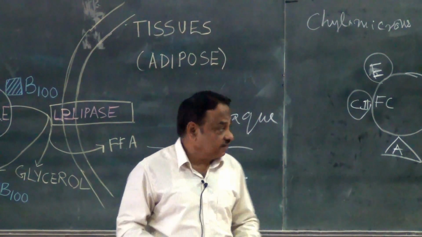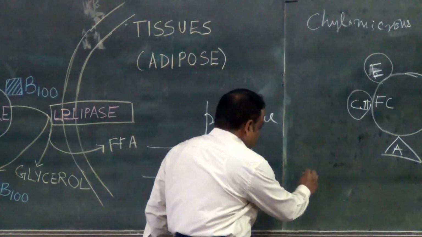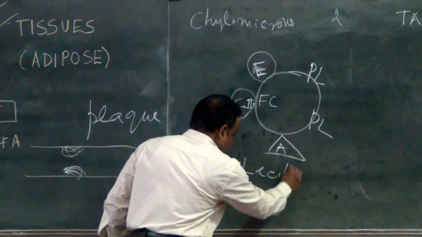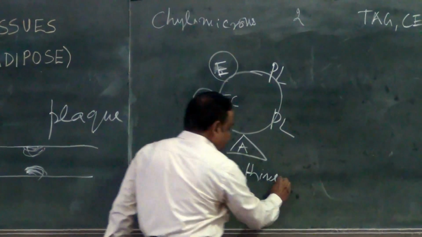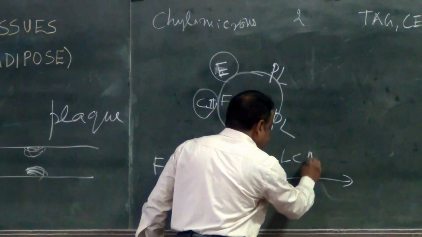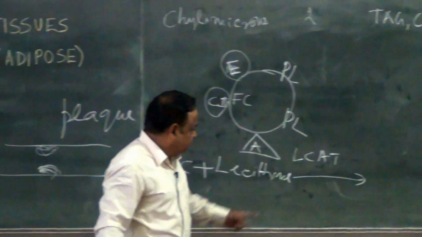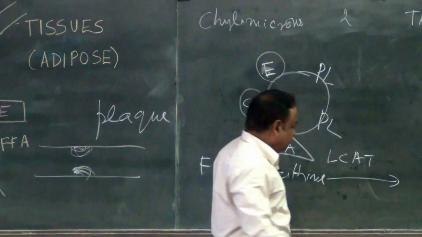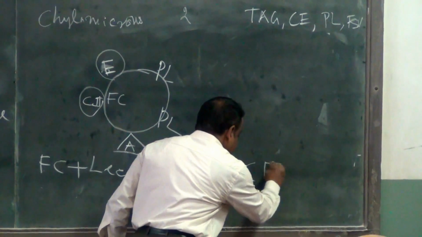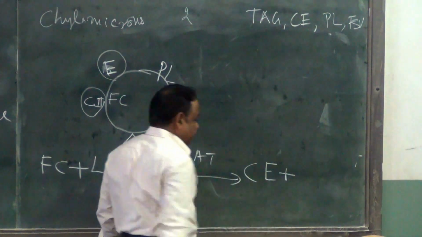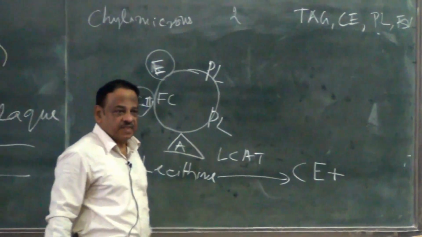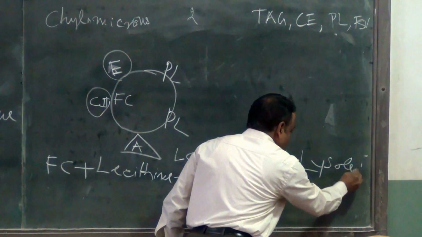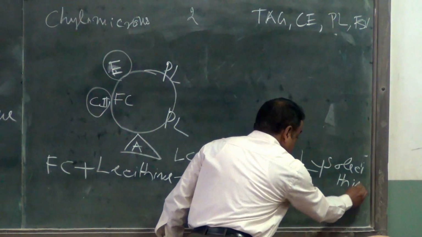It is from lecithin, this phospholipid. So free cholesterol plus lecithin, in the presence of the LCAT enzyme, lecithin cholesterol acyl transferase, forms cholesterol ester, and another product is lysolecithin.